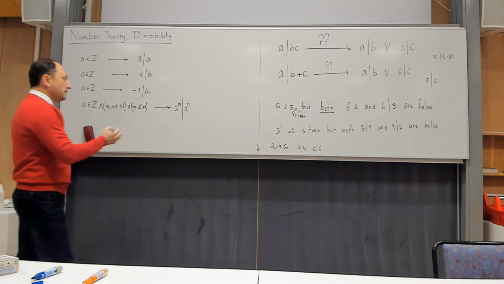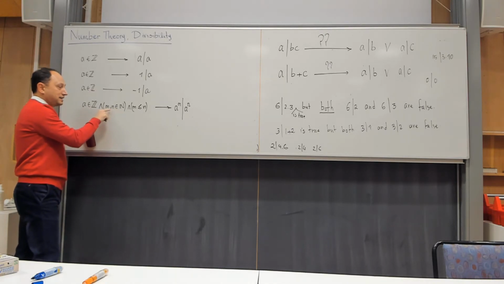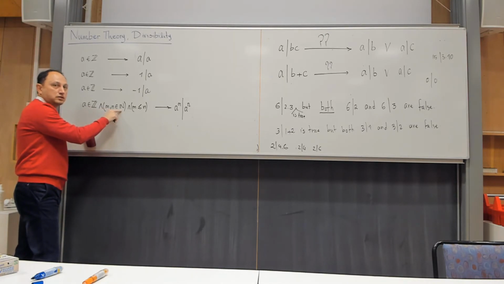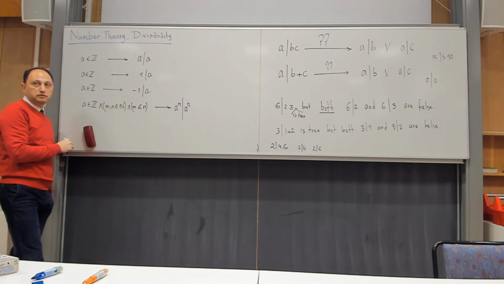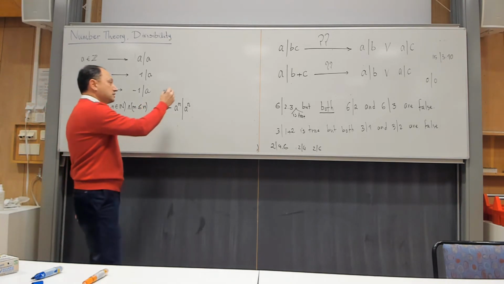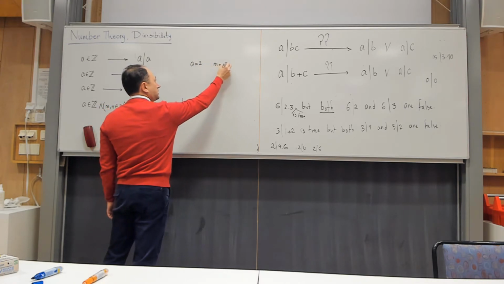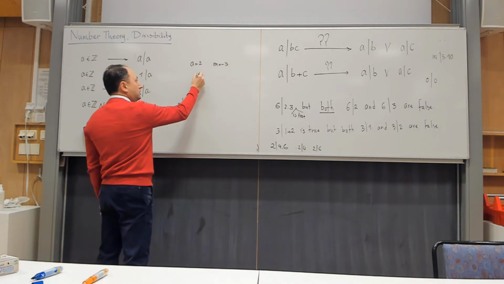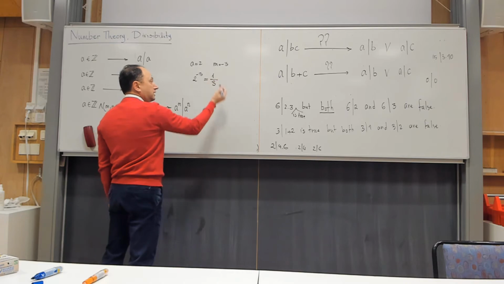First of all, tell me why here I have emphasized that m and n should be natural numbers, not integers in general. If it is negative, I will have problems here. For example, if I choose a to be 2 and m to be -3, then 2 to the power of -3, even though it is composed of integers, is no longer an integer.